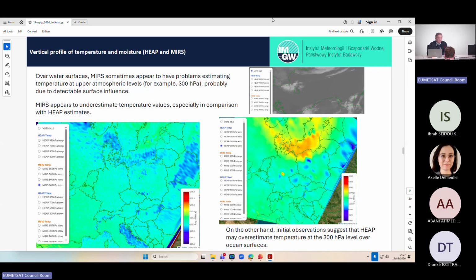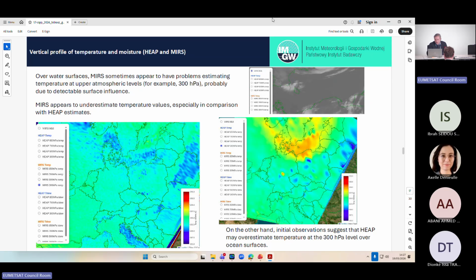we can see on the left image, my left, that over the water surface, over the sea, we see a lower temperature at the 300 hectopascal level.